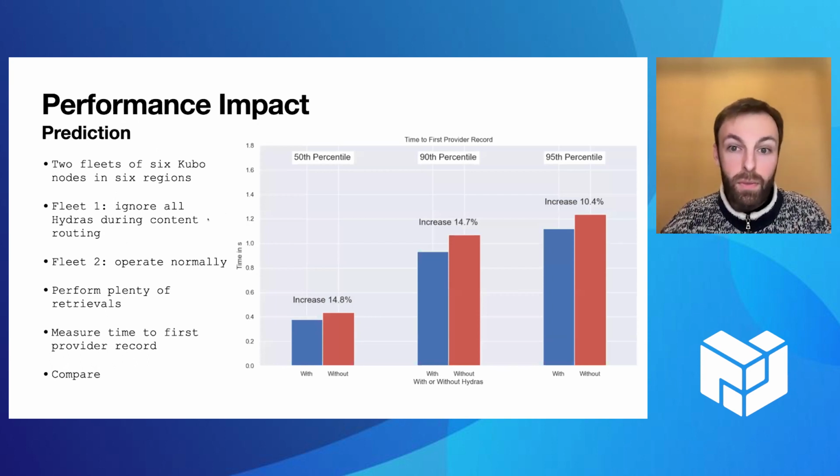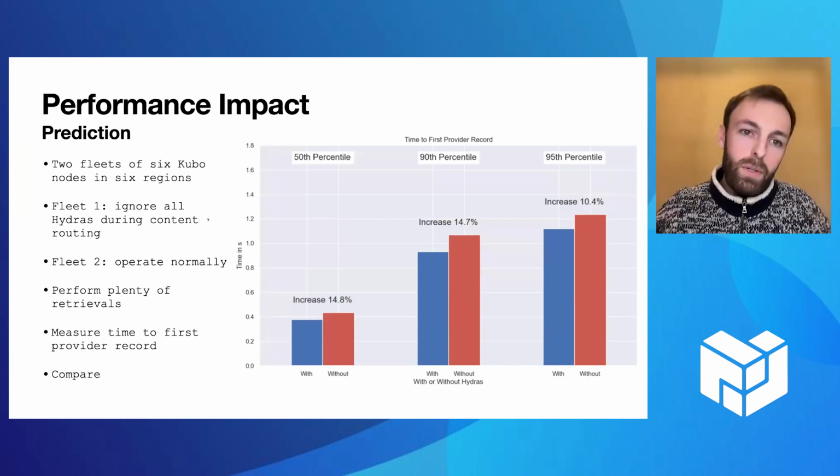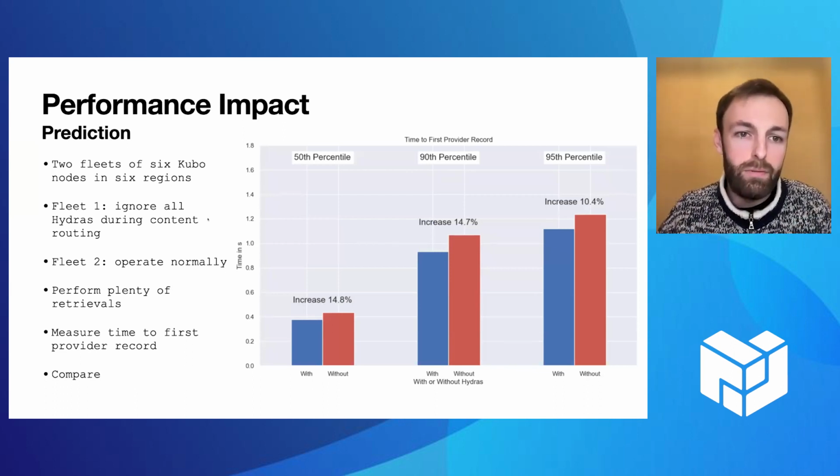And so the first thing that we did was ask what the performance impact of just unplugging the database would be. Is it reasonable or is it too much? For that, we deployed 2 fleets of 6 Kubo nodes in 6 different regions.